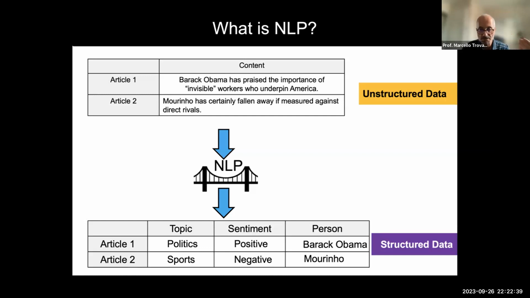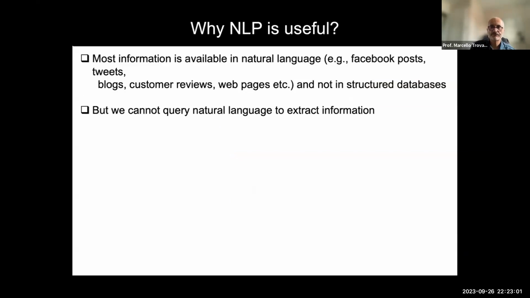The first one is Barack Obama and the second Mourinho. So we have some structure. And that is the first step in natural language processing and anything related to GenAI when it comes to text. But not only text, images would, loosely speaking, function in a similar way.